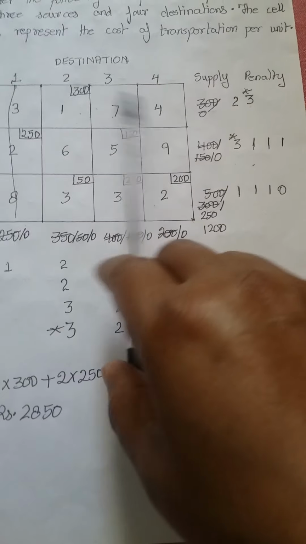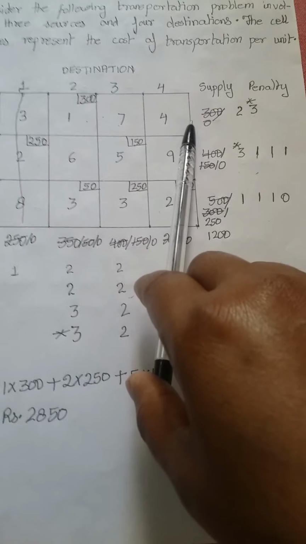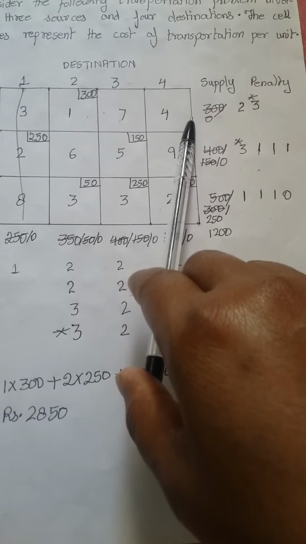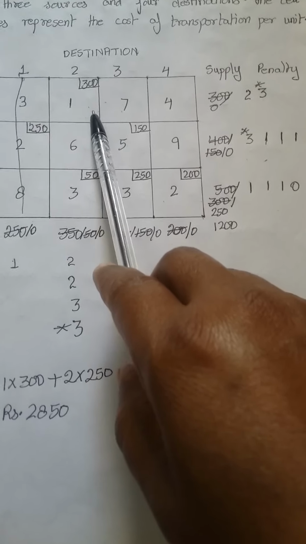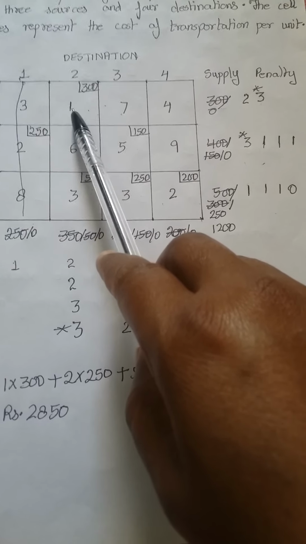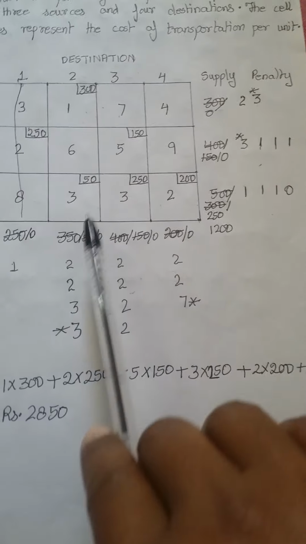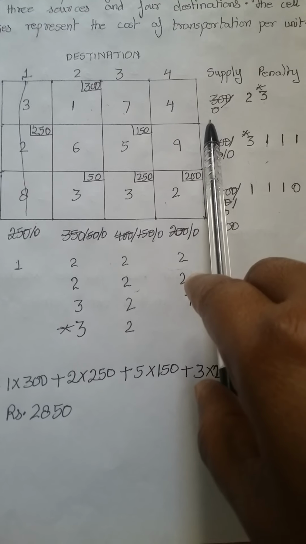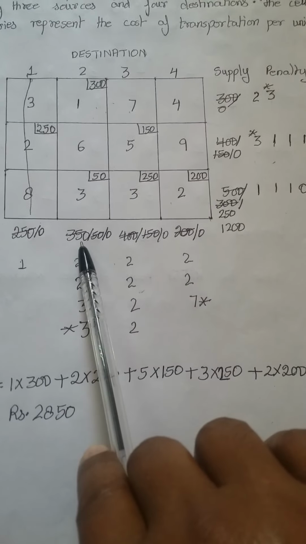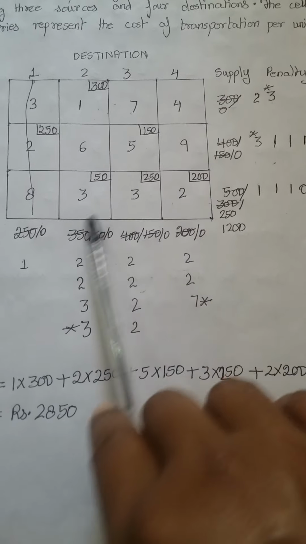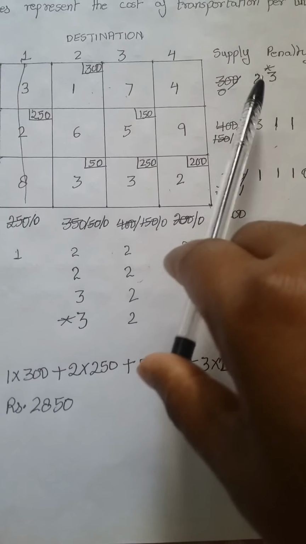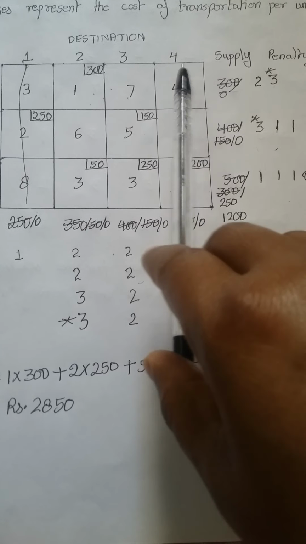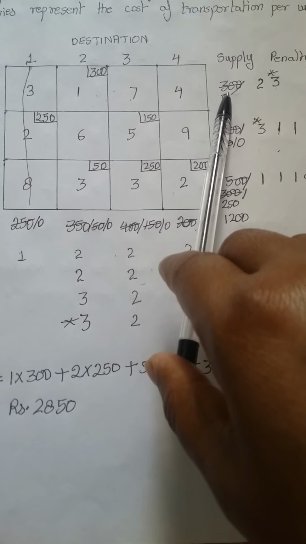So now the first row will be selected, and from this first row you will see which is the minimum cost. The minimum cost is here at rupees 1. What is the maximum allocation that we can make? Here we have 350 units and here 300. If we compare 300 and 350, 300 is the smaller one. So we will make the allocation of 300 units, and the supply of the first source is completed.